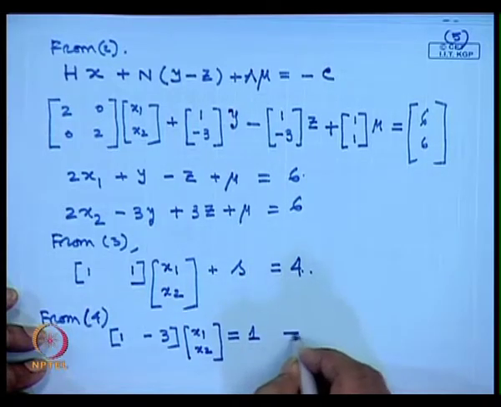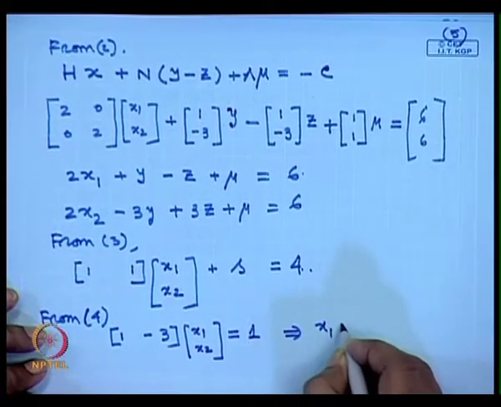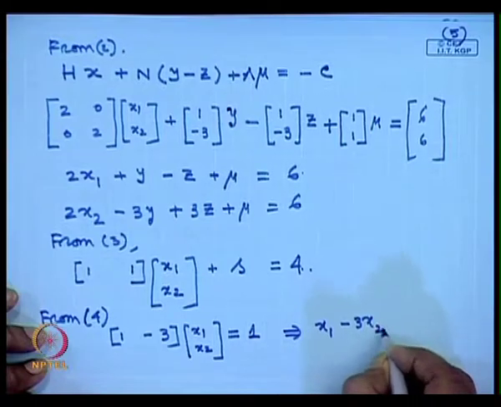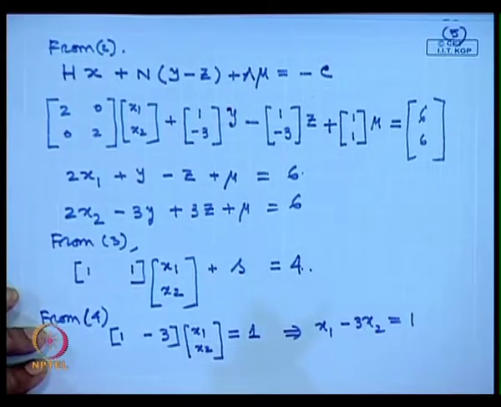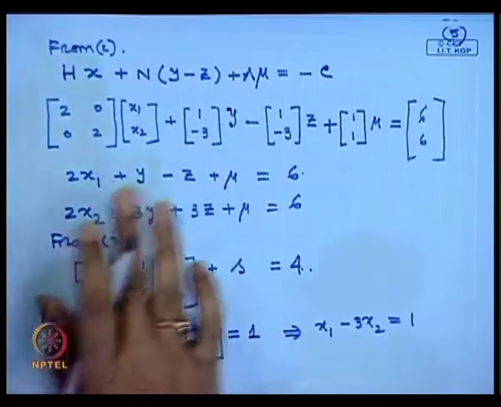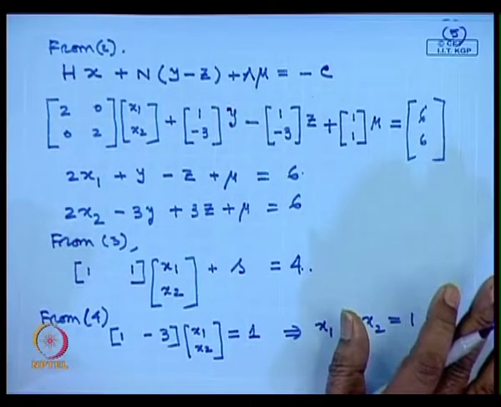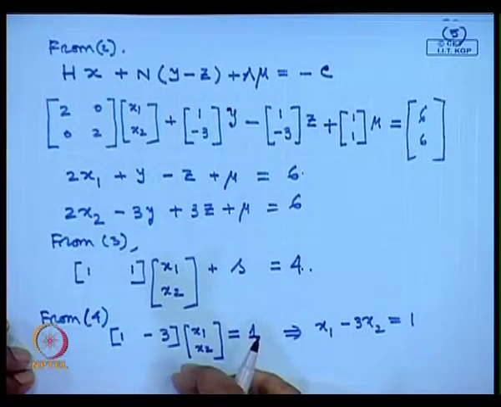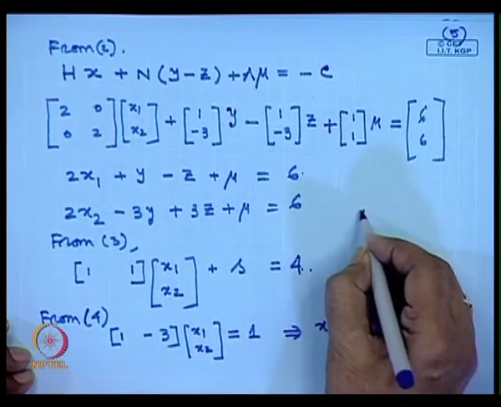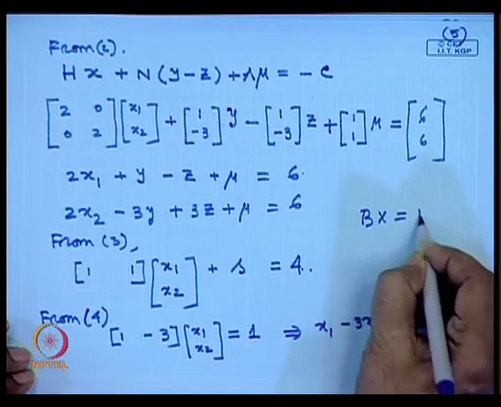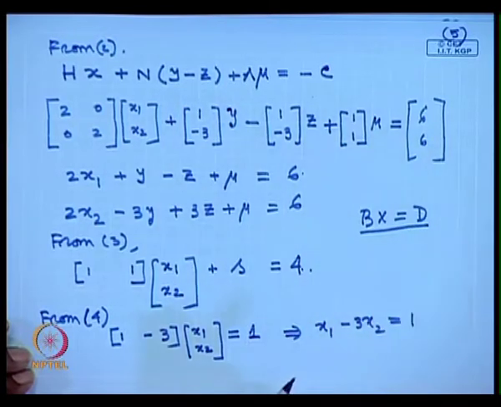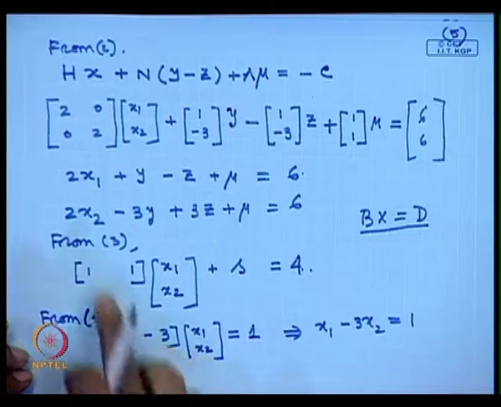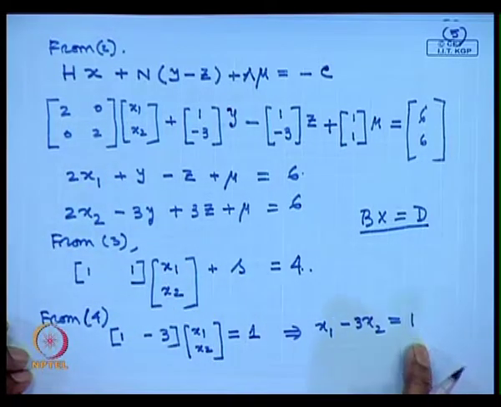So if you write it out, x 1 minus 3 x 2 is equal to 1. So if it is a quadratic programming problem, our KKT conditions come in a linear form. All equations are linear, in the more general form b x is equal to d. Agree? And here we have seen it is linear.